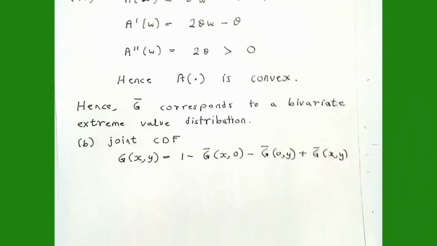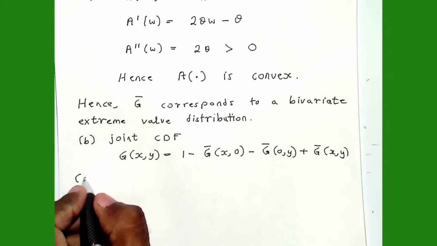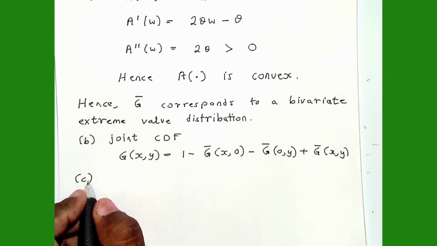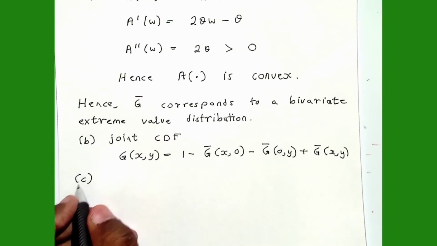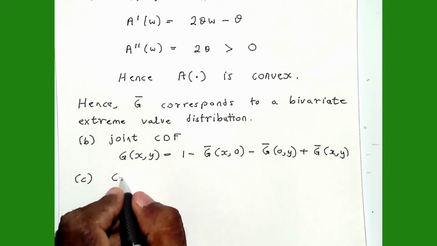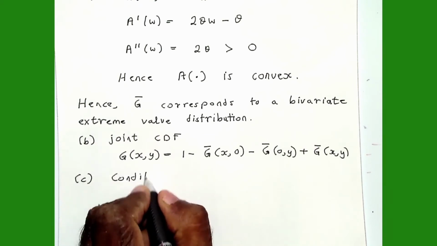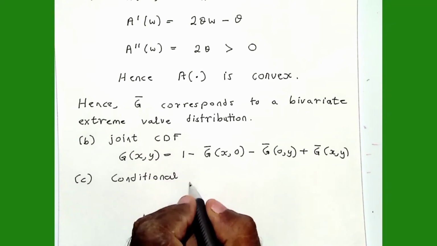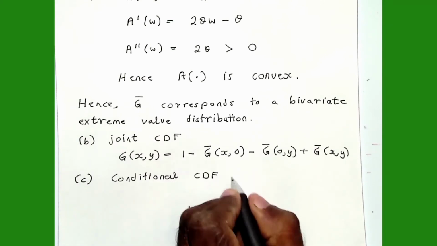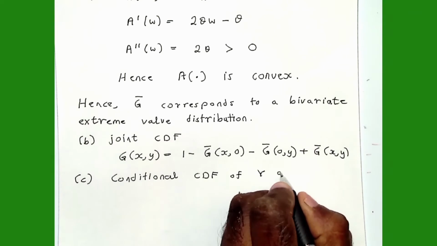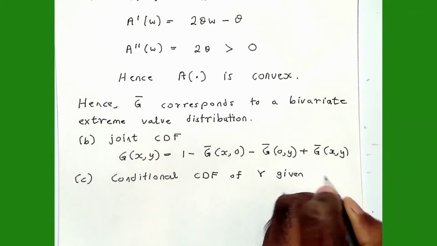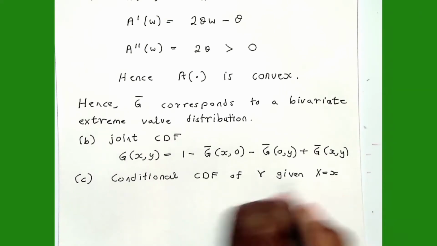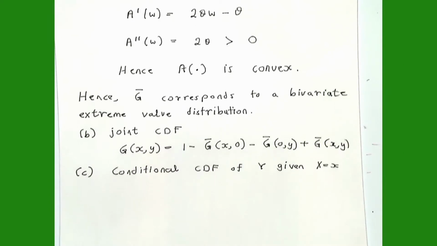That's part B. Now part C is asking you to find the conditional CDF of y given x. So this is the conditional CDF of y given x equal to x, and this is given by the following formula.